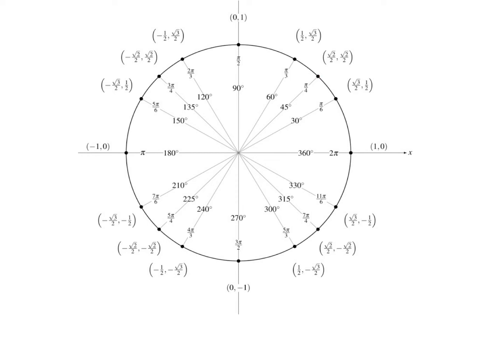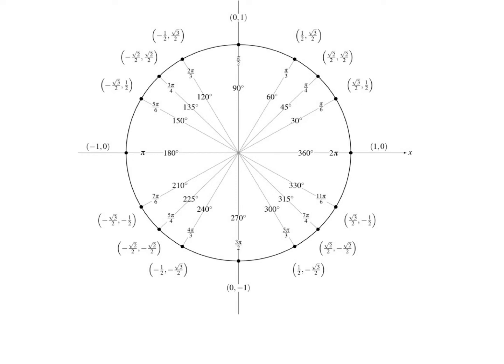Here are the angles in either degrees or radians, and then your x and y. That's how we got that from sine and cosine in the previous table. So this whole figure came from things that we've already calculated.